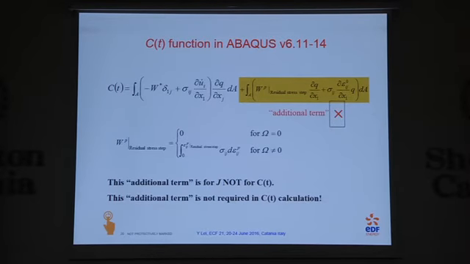And for K, that additional term is like that. This term is basically for J. So it's completely wrong. Why? Because K is calculated based on strain rate. Initial strain is constant, so its rate is zero. This term is an unnecessary item.